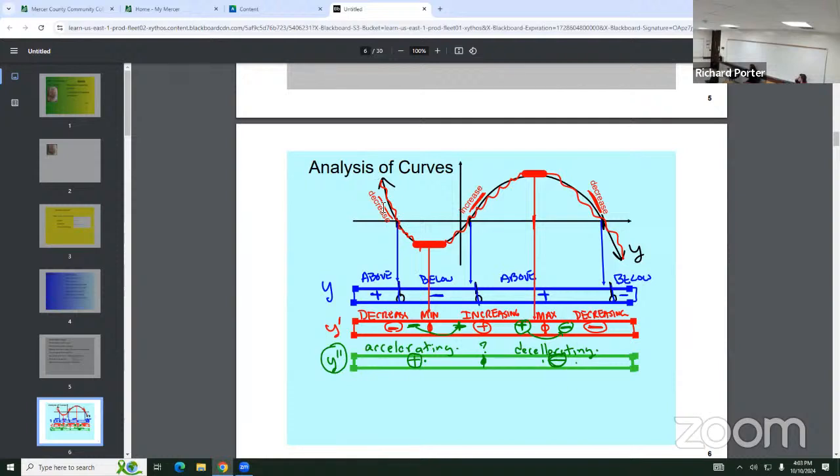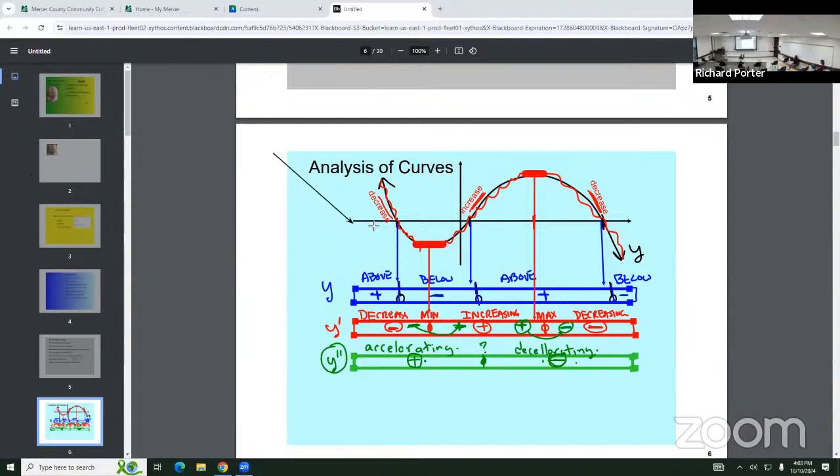So here, before this first 0, let me get a pointer because it's better. Okay. See that right there? That's a 0. That's where the function is 0. That line represents some point like -4.